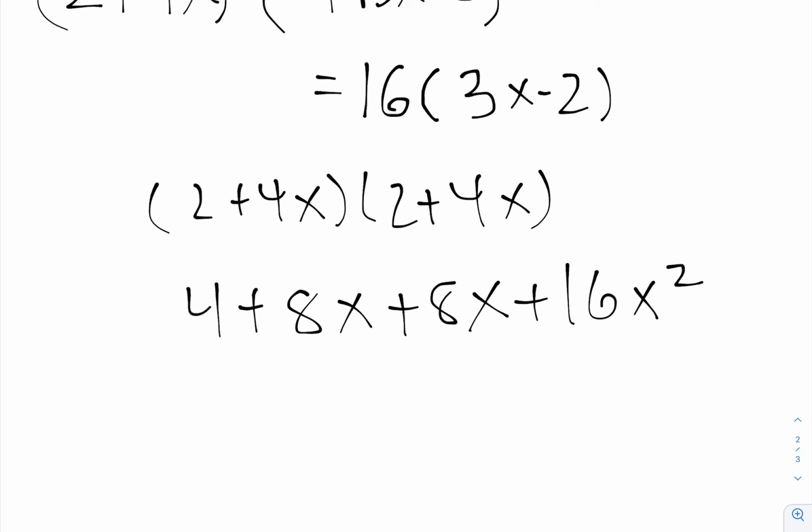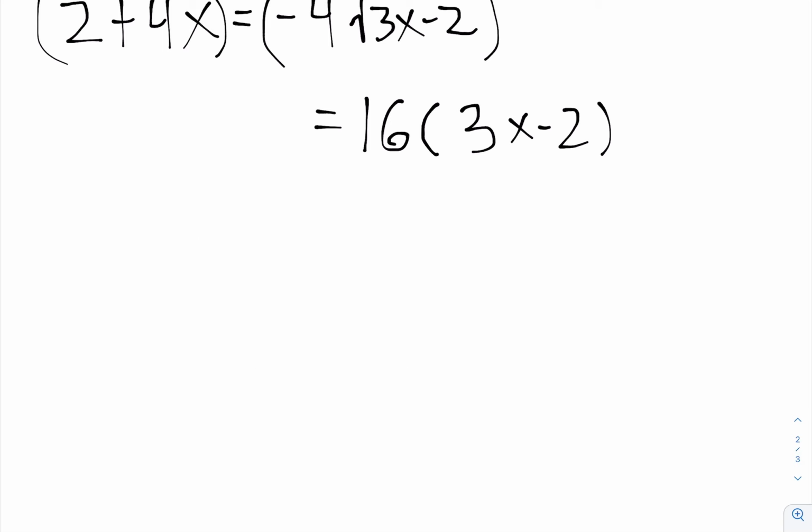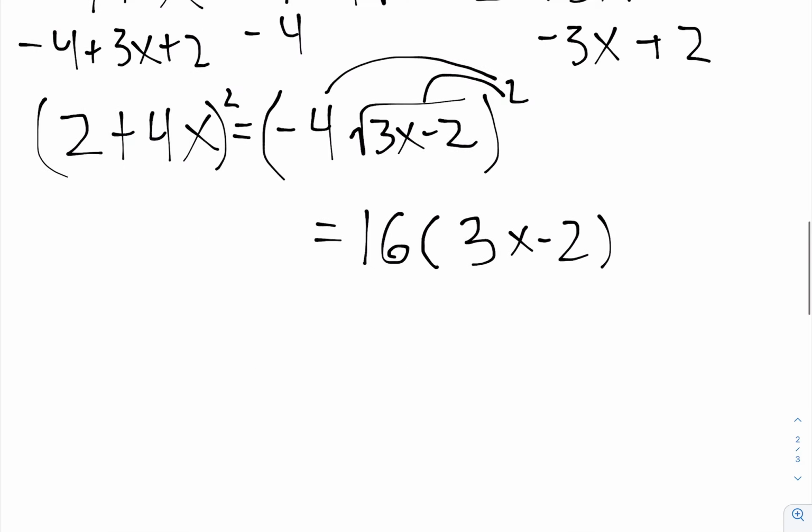Right? So now when we combine these 8x's, we're going to get 4 plus 16x plus 16x squared. 16x squared plus 16x plus 4.